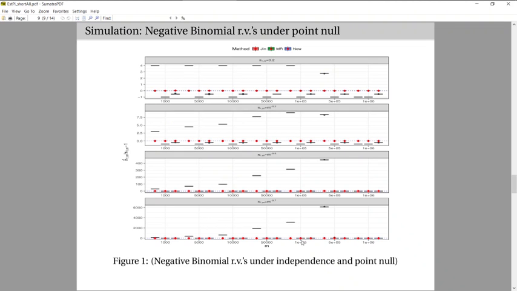Now we present some simulation results. This plot shows the performance of the new estimator when it is applied to independent negative binomial random variables under the setting of a point null. On the x-axis, we show the number of hypotheses to test. On the y-axis, we show the excess of an estimator. The more concentrated the excess is around 0, the better the associated estimator is.